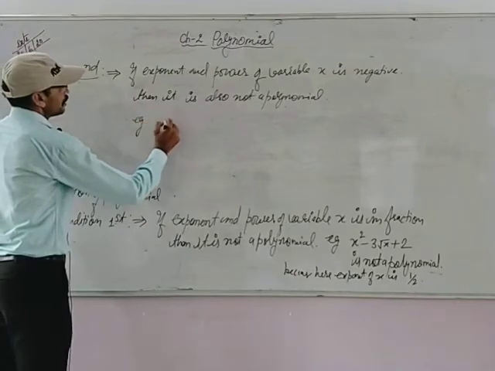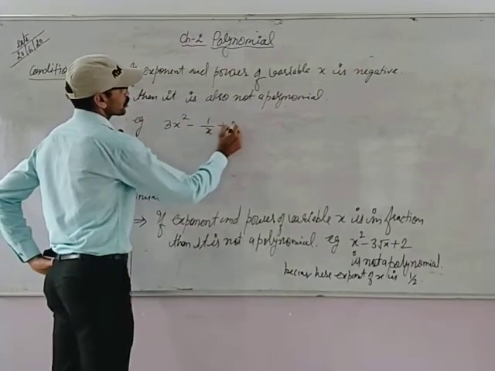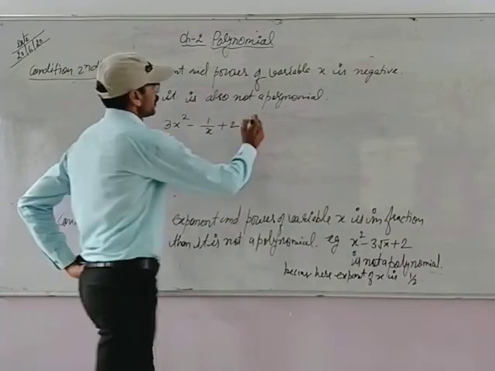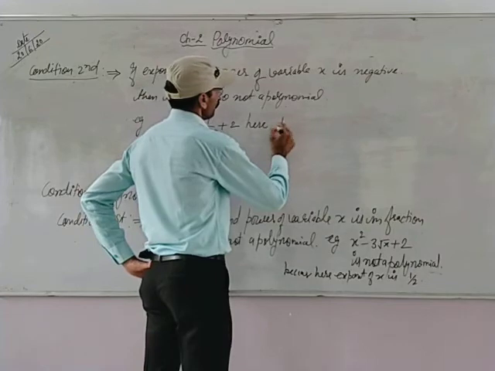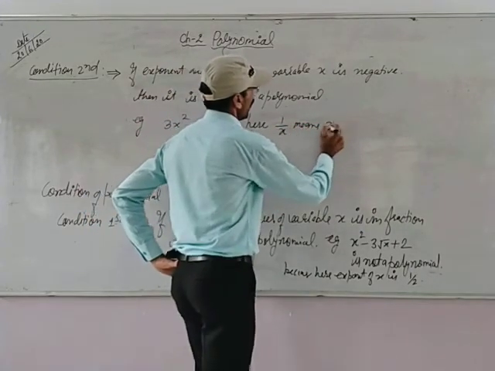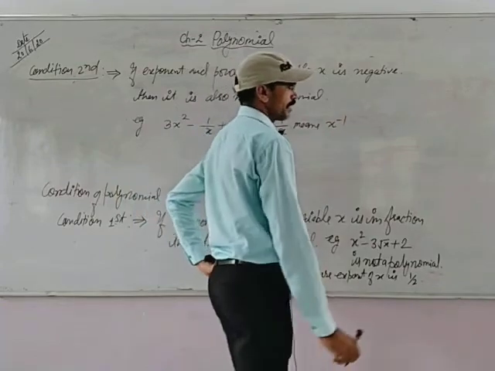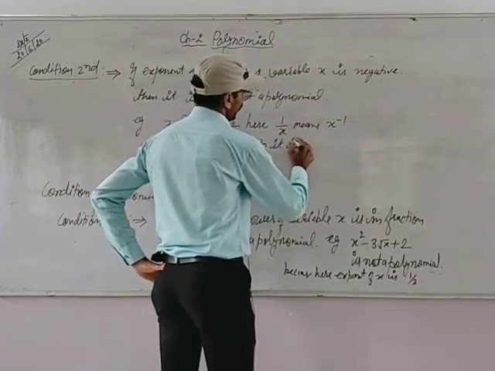Example, 3x square minus 1 upon x plus 2. Here 1 upon x means x raised to power minus 1. So it is not a polynomial.